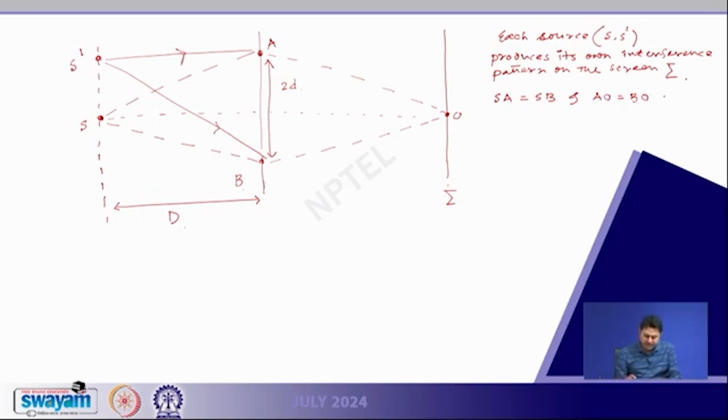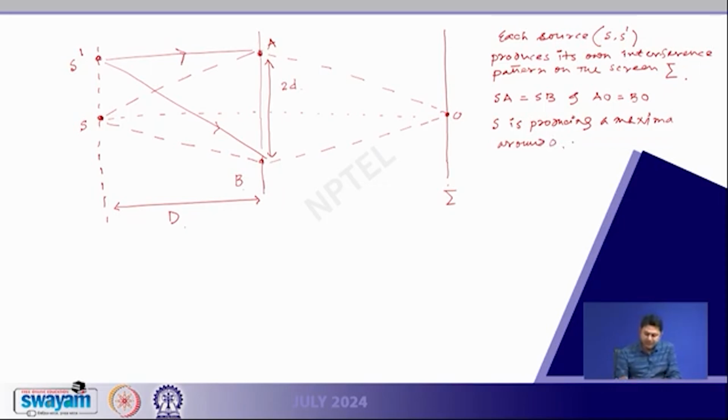So that means S is producing a maxima around this point O. So the point source S is producing a maxima around O.